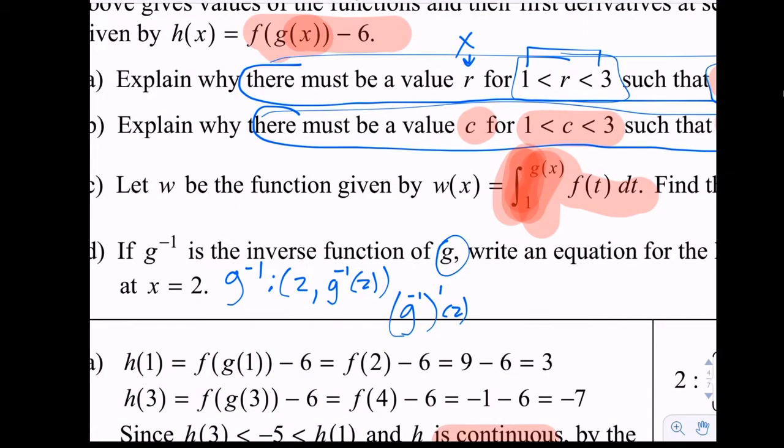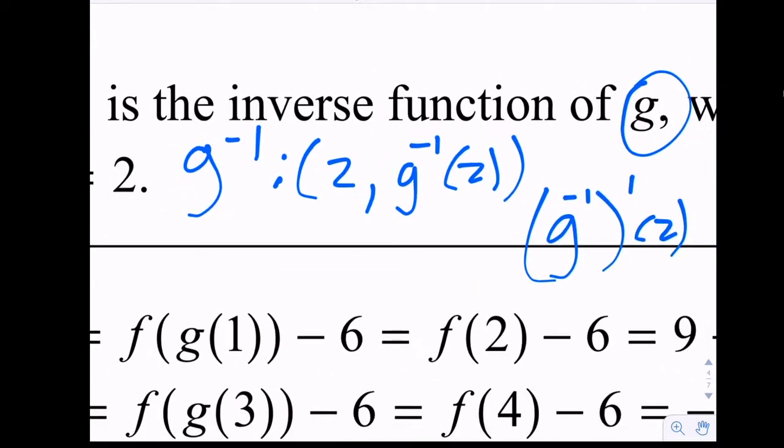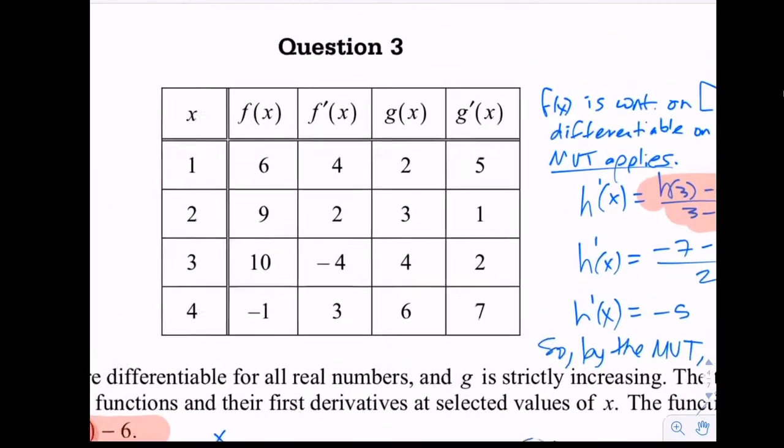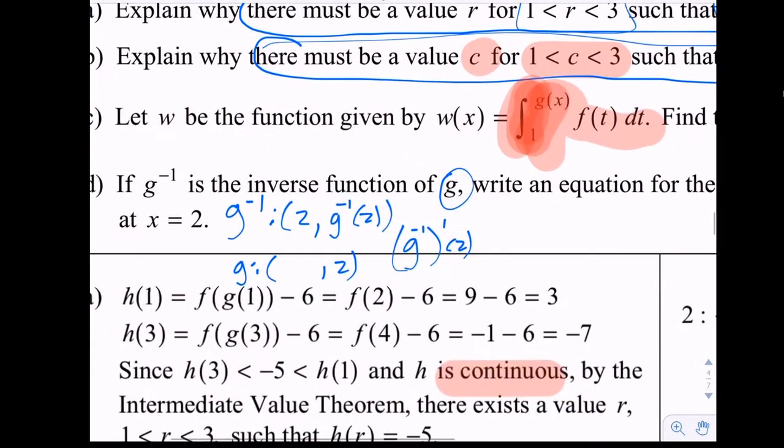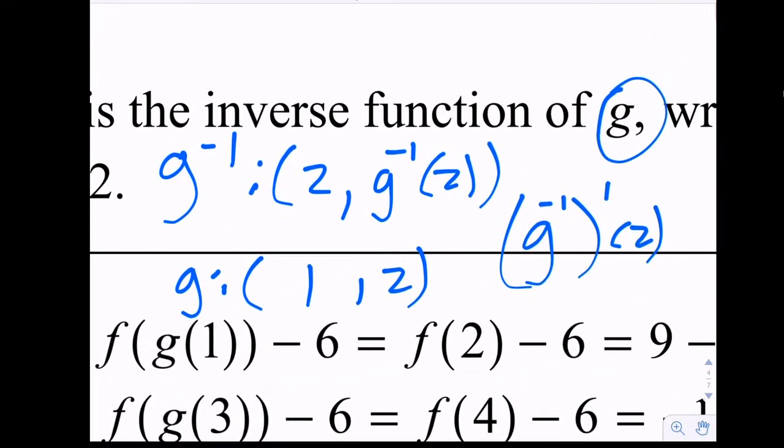G is the inverse of G inverse, right? So if there's a point on G inverse called 2 comma something, then on G there's a point called something comma 2, right? So let's go up to the table and look to see where the y value of G is 2. There. What's the corresponding x value? 1. Okay. So I know that there's a point on G called 1 comma 2.